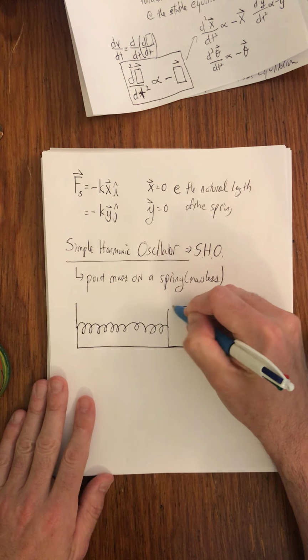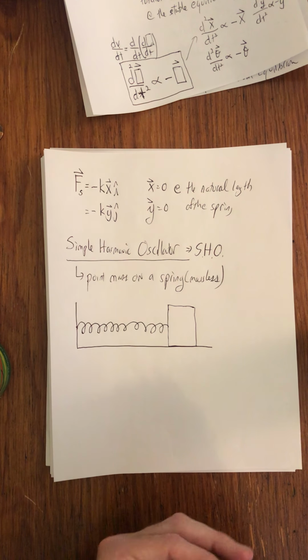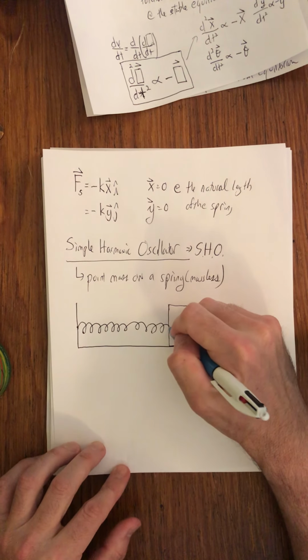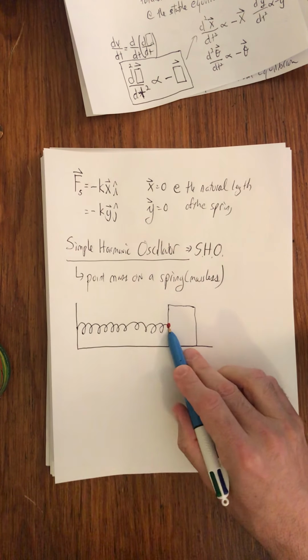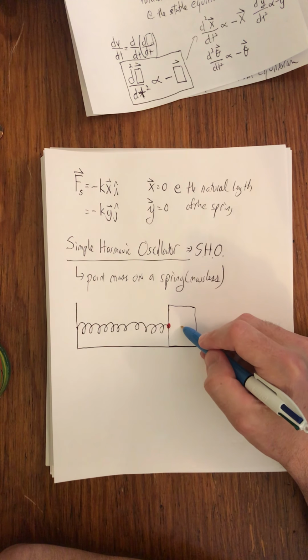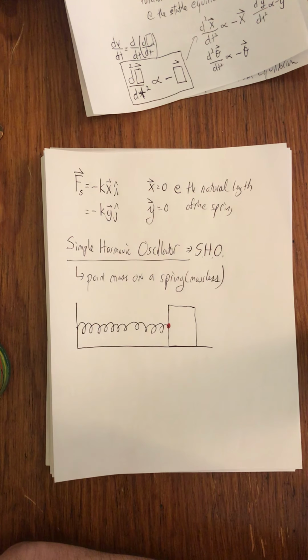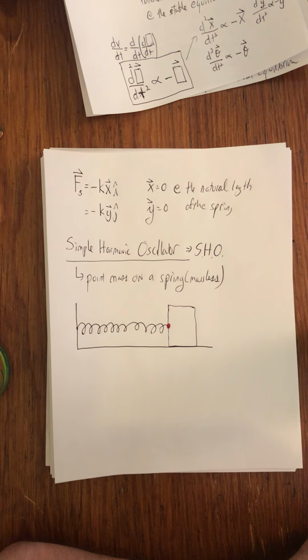Now, we said that this is technically just a point mass, but I'm going to draw it as a box just so you don't think something weird is floating out there. But we're going to pretend that the point mass is just this red dot right here. Technically, I should make it at the center of mass of this object, but we're just going to use this point here because it'll make it a little bit easier to deal with.